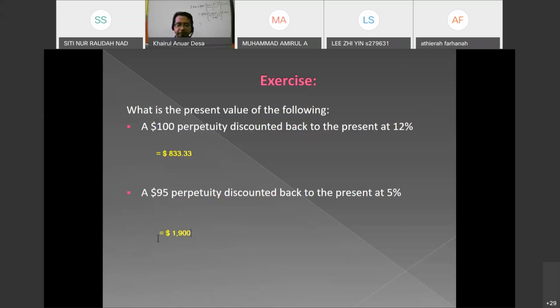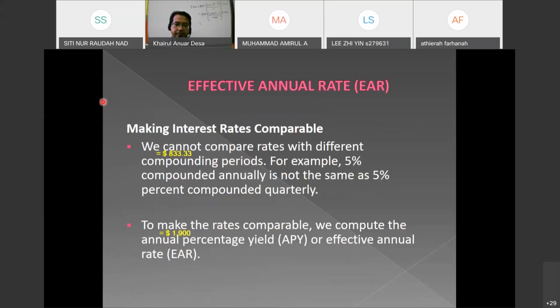So kita pergi ke bahagian yang terakhir sekali, iaitu EAR. Okay, bahagian yang terakhir sekali di sini adalah EAR. What is the EAR?